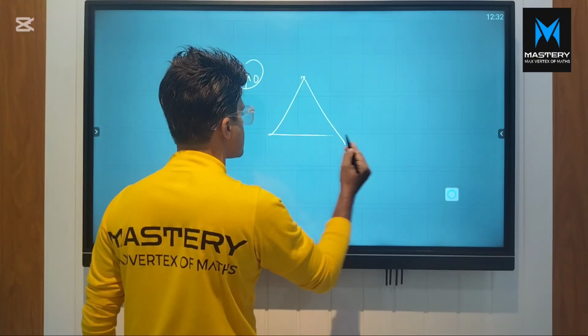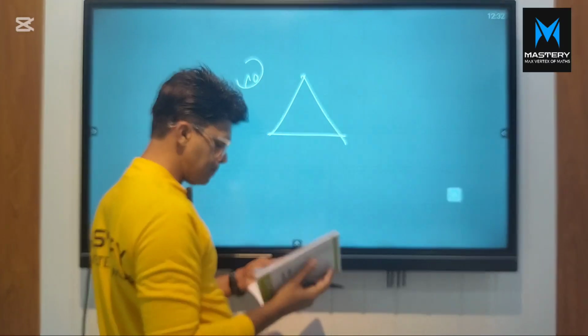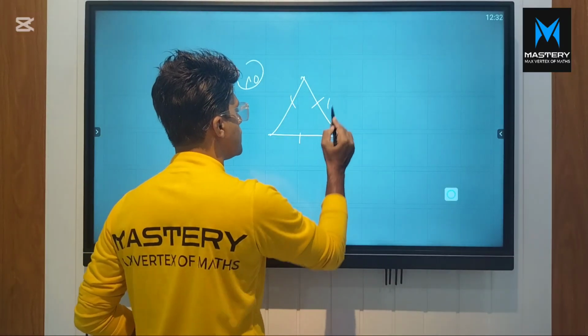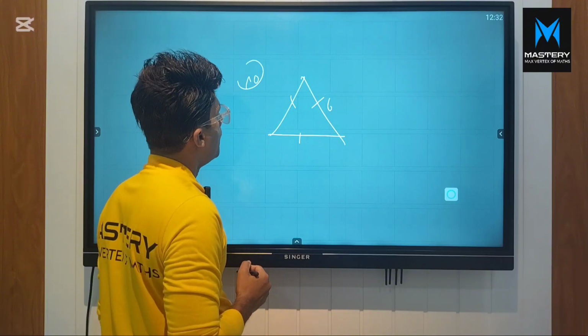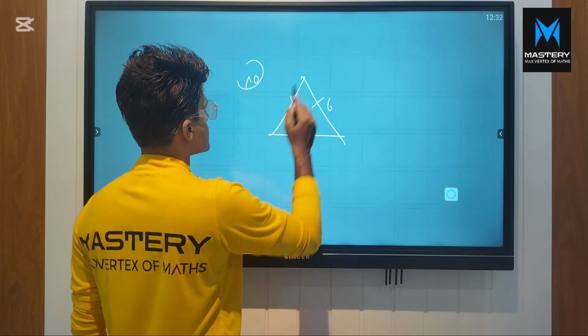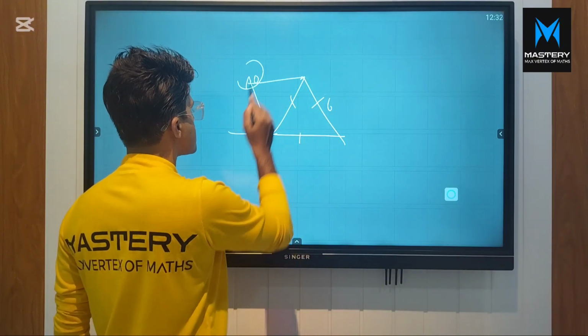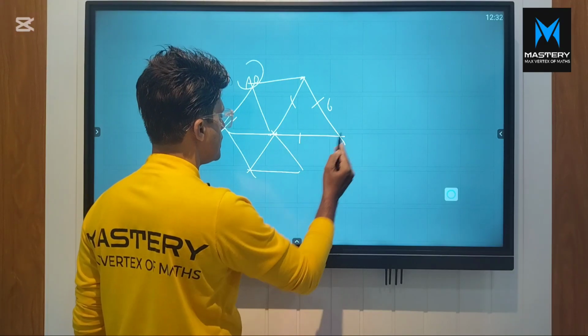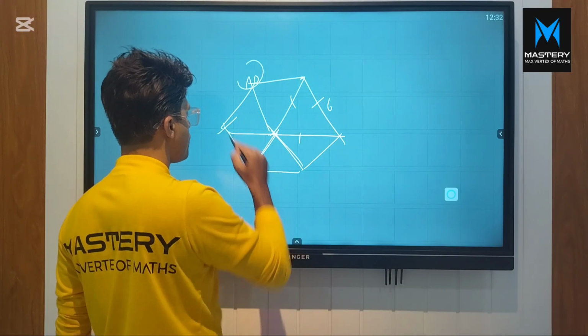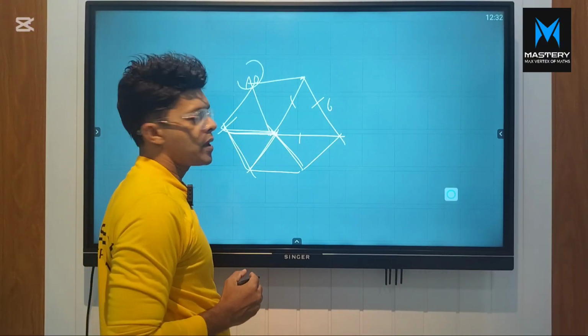It uses this equilateral triangle to construct a hexagon. This type of hexagon needs to be constructed.